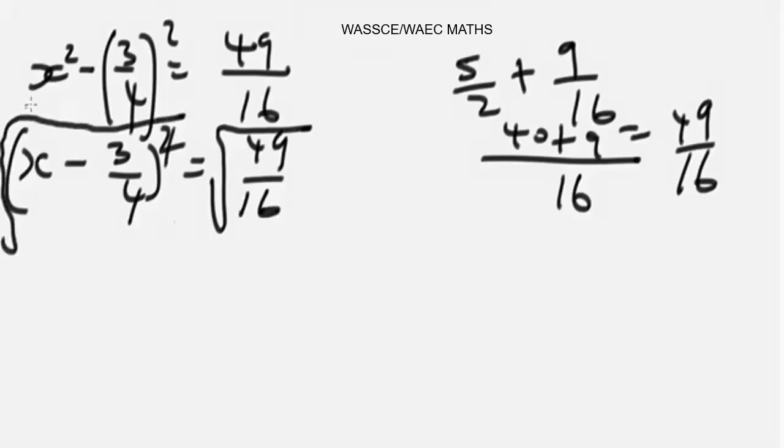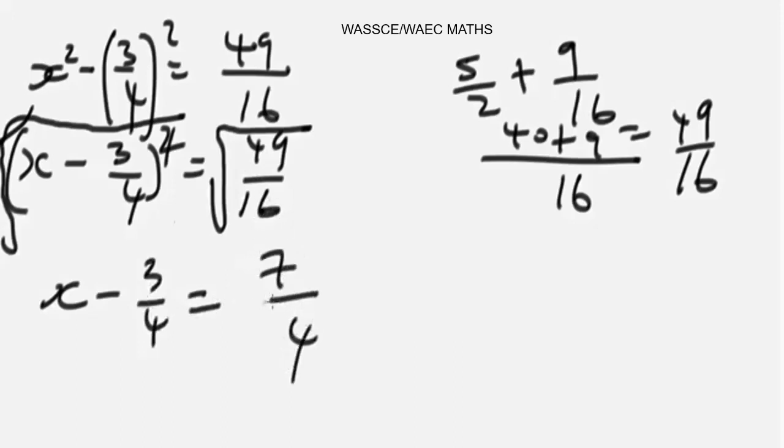So the square cancels the square root. We have x - 3/4 = ±7/4, since the square root of 49 is 7 and the square root of 16 is 4. So x will have two values, which means we have to leave our answer in surd form. It gives us x equals, because this gives plus or minus, very important, don't forget, guys.